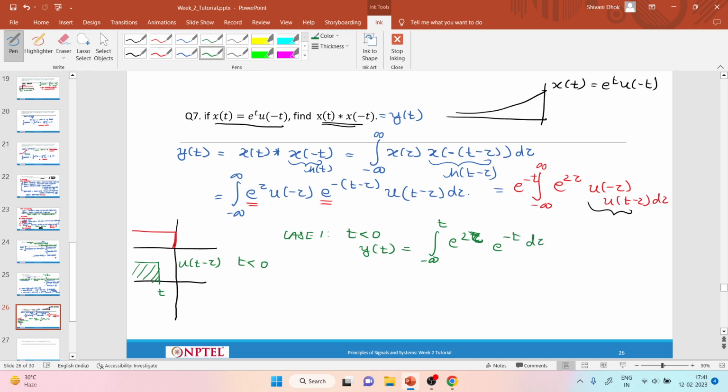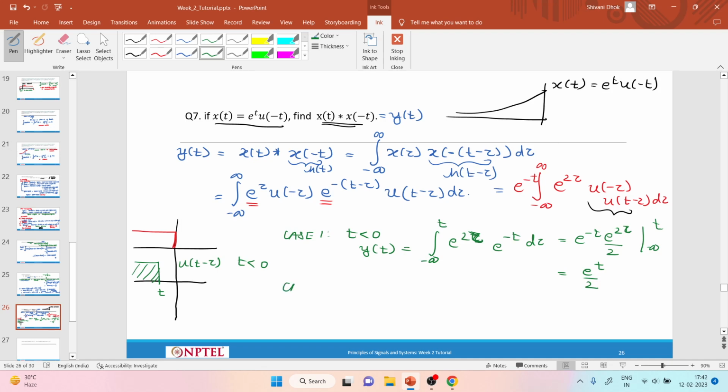And this, after solving, we obtain as e power minus t times e power 2 tau by 2 from minus infinity to t, and after simplifying we obtain this as e power t by 2.